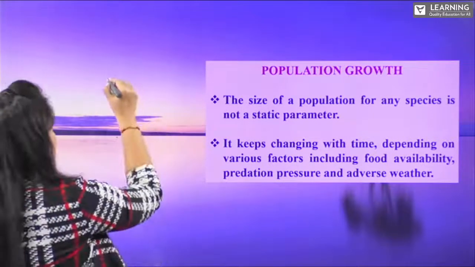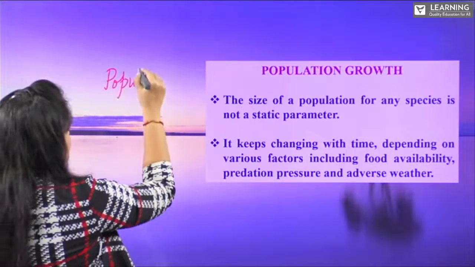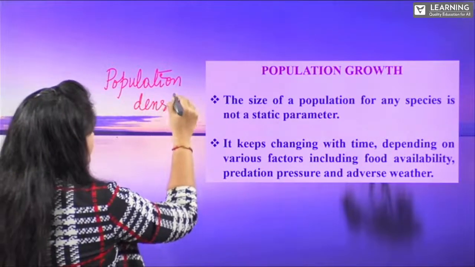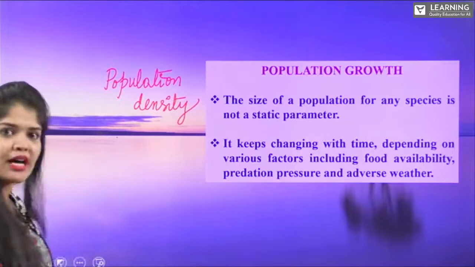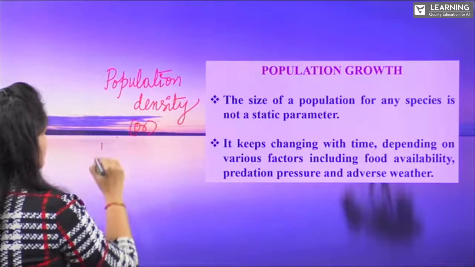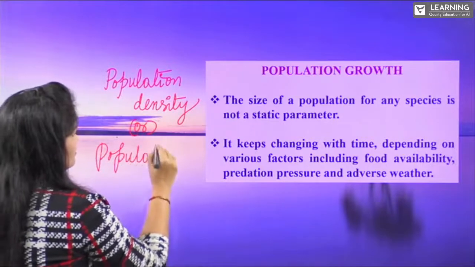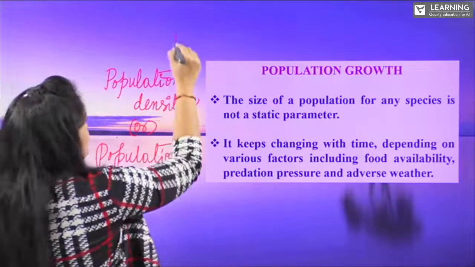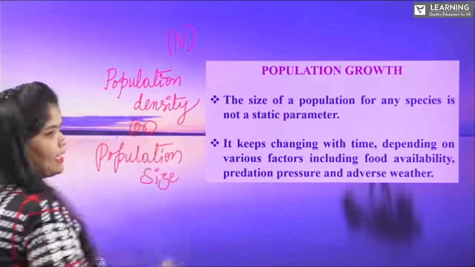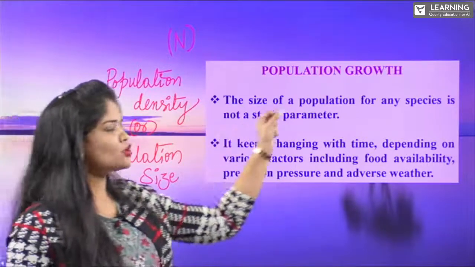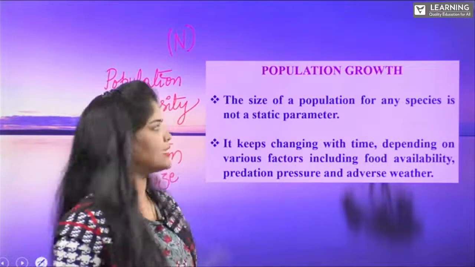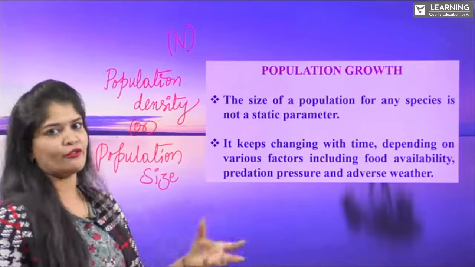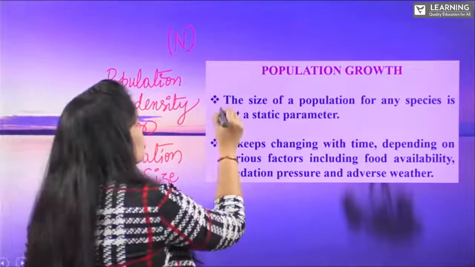We already know that population density, also called population size, is represented by capital N. The size of the population, nothing but the population density, for any species at any given period of time, is not constant.